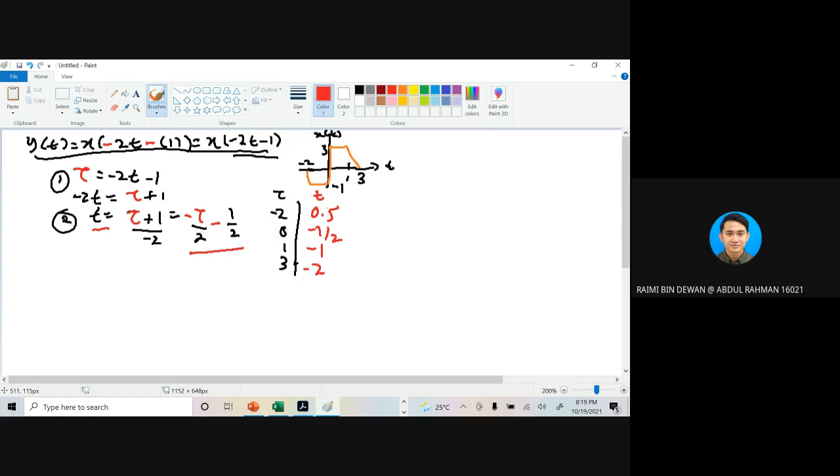So now we go to plot t exists below tau exists. This is step 3. Of course, this is a bit slow, but if you understand this, you can do it faster.